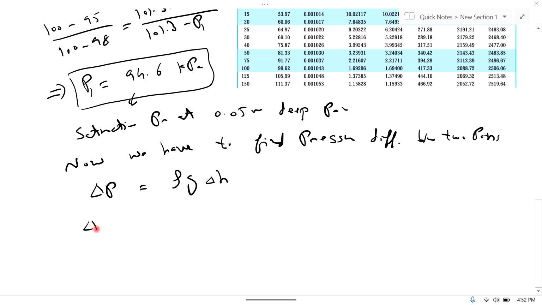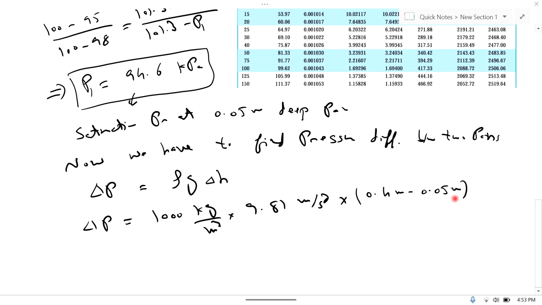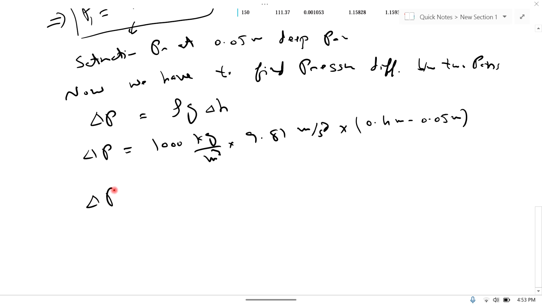So delta P, the change in pressure, is equal to the density of water, 1000 kilogram per cubic meter, times g, 9.81 meter per square second, times delta h, the difference of height between the two pans. One is 0.4 meter and the other is 0.05 meter. So find the difference of these two values and multiply by 9.81 and 1000.